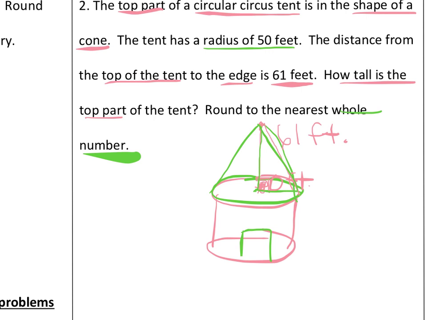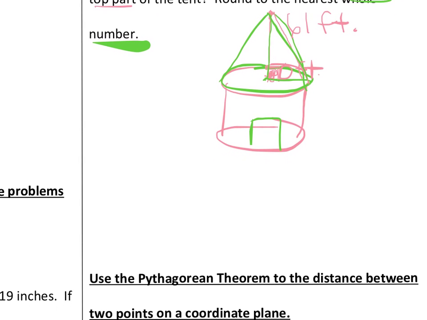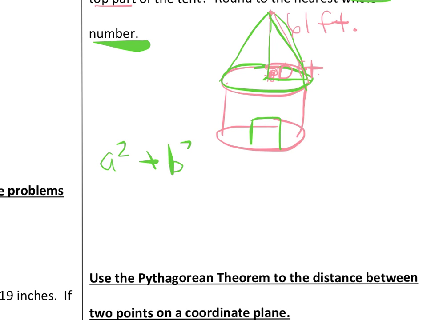So let me scroll down a little bit so we can have some room to work here. Again, we want to use the Pythagorean theorem formula. So we've got a squared plus b squared equals c squared. And it looks like to me that the 61 is the hypotenuse because it's not touching the right angle.